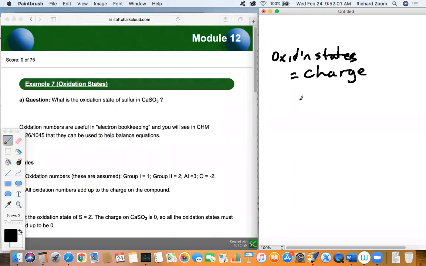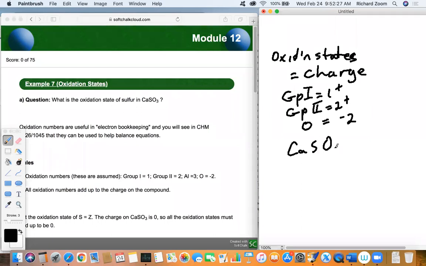But if we go with the assumption that group 1 will always be a 1+ charge, group 2 will always be a 2+ charge, and then add to that that oxygen is going to be a -2 charge, then we can find the charges of certain other elements that are in compounds, for example, like CaSO3, and we're looking here for the oxidation state or the charge of sulfur.